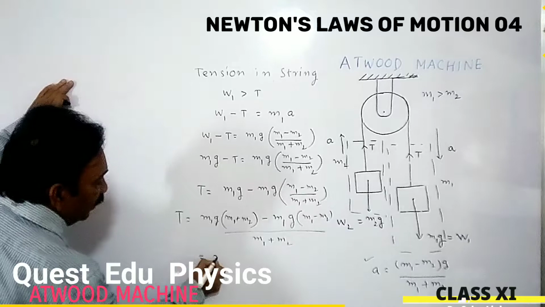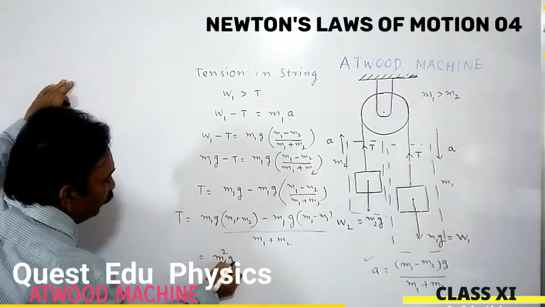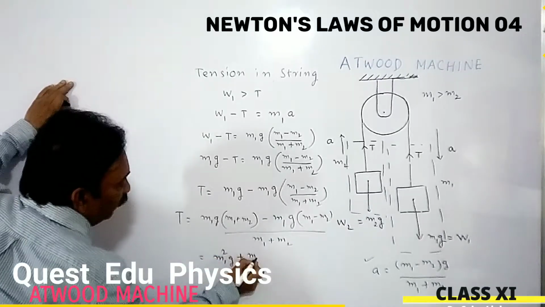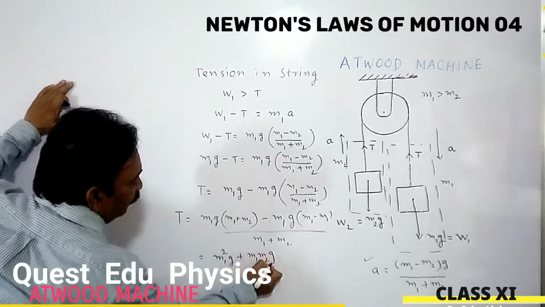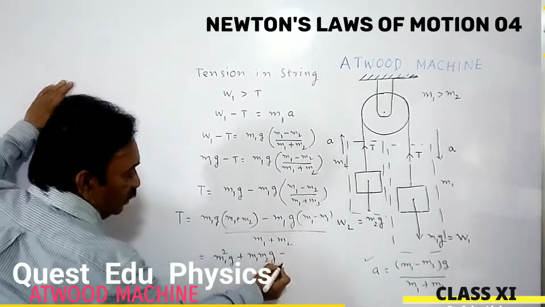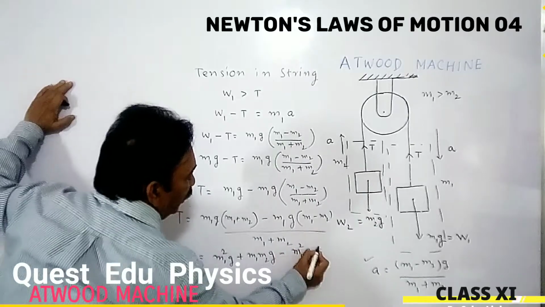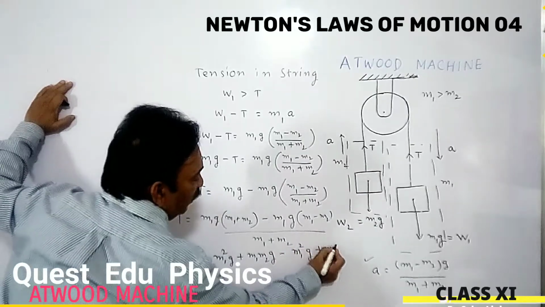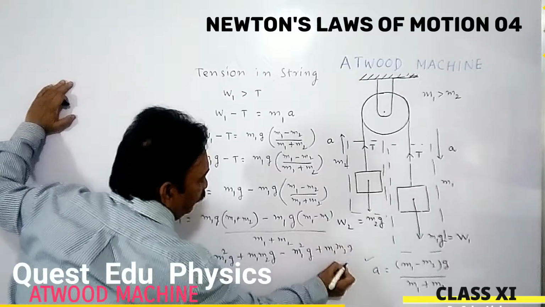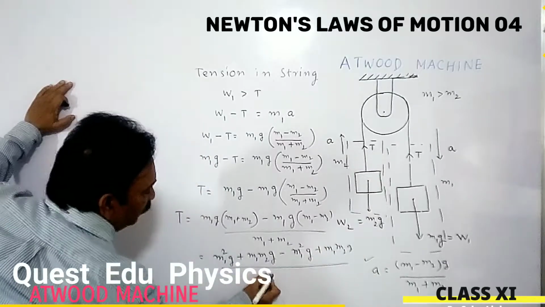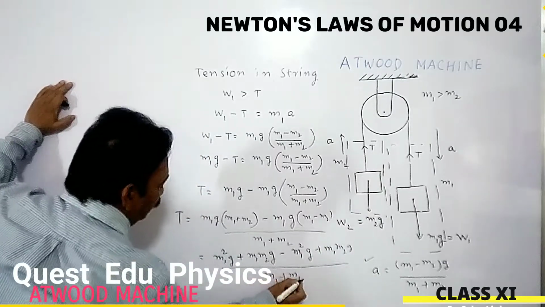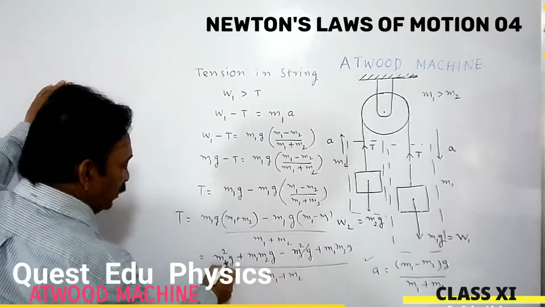Simplifying it, it is M1 square G plus M1 M2G minus M1 square G plus M1 M2G whole divided by M1 plus M2. Here these terms get cancelled.